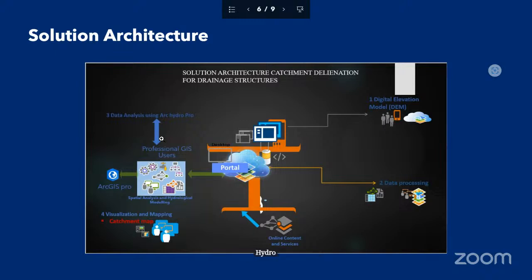HydroPro is a vital tool for hydrological modeling because it simplifies the analysis and management of water flow data, and also enhances the accuracy of prediction and supports effective watershed and flood management planning.